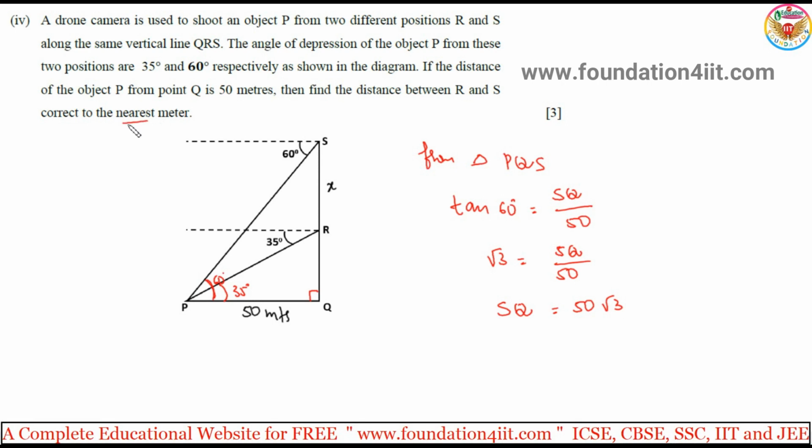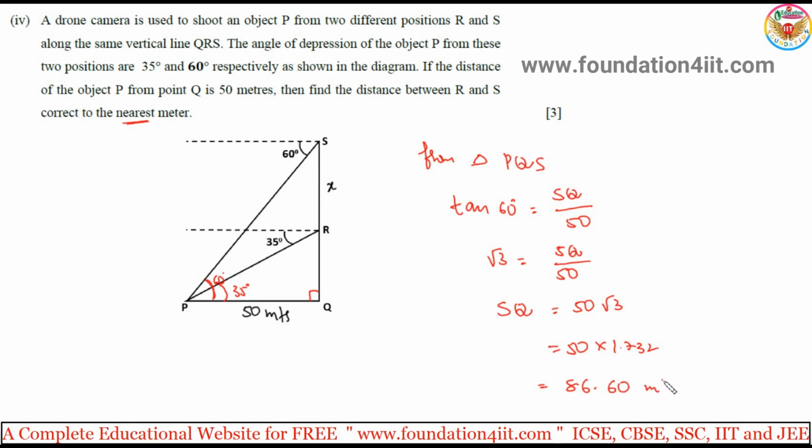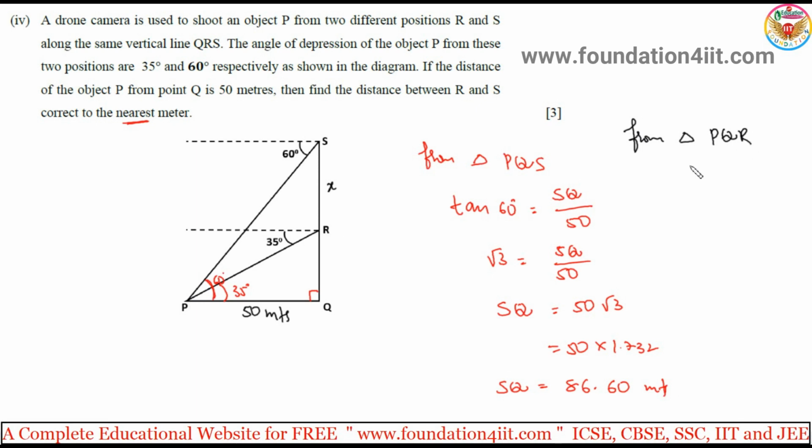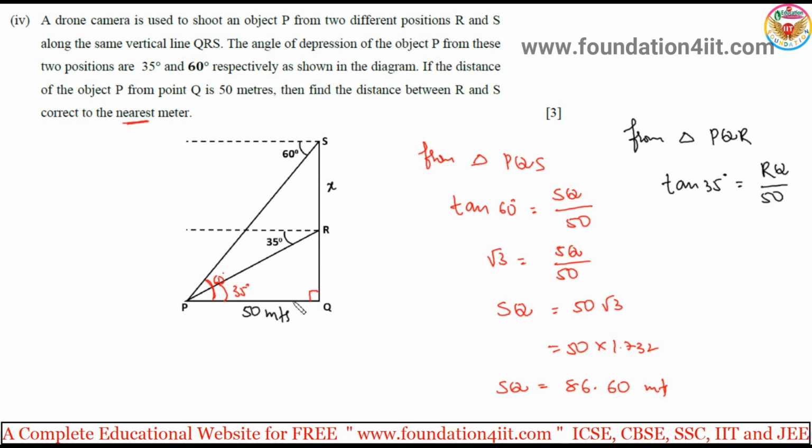They're asking correct to the nearest meter, right? So we can substitute the root 3 value: 50 into 1.732. So this value is 86.60 meters. That is the entire distance from S to Q. Now take one more triangle, triangle PQR. From triangle PQR, here also tan 35 is equal to opposite, which is RQ, by 50, opposite by adjacent.